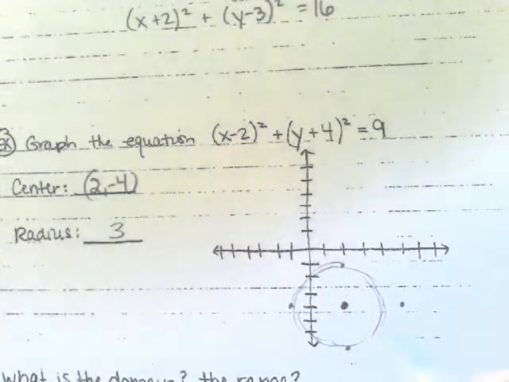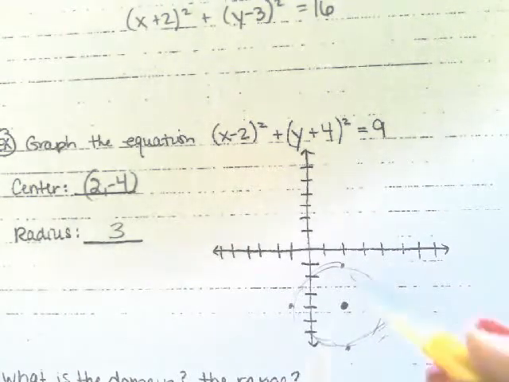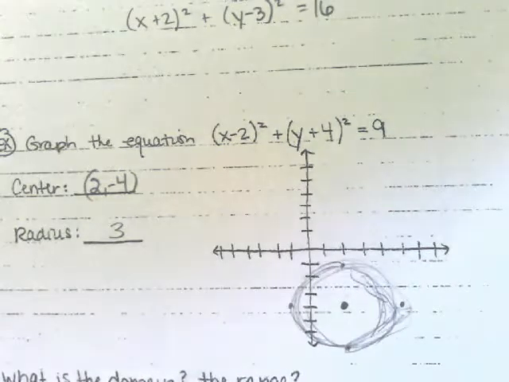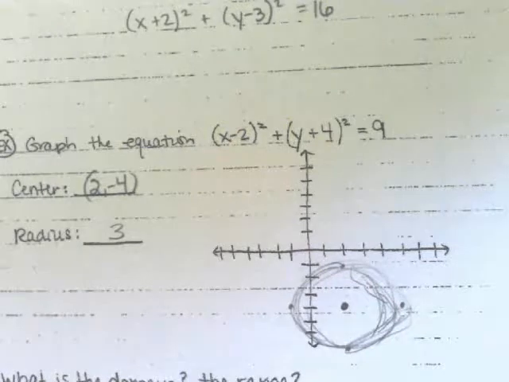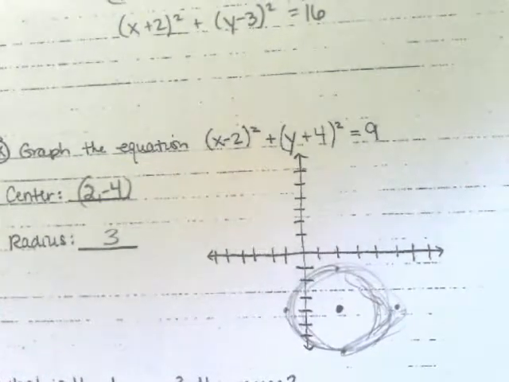Here you can really tell how my sketch is off because that's a little far. But you can't count 3 diagonally, unfortunately, so you just have to go north, south, east, west, and then you're going to sketch it from there.